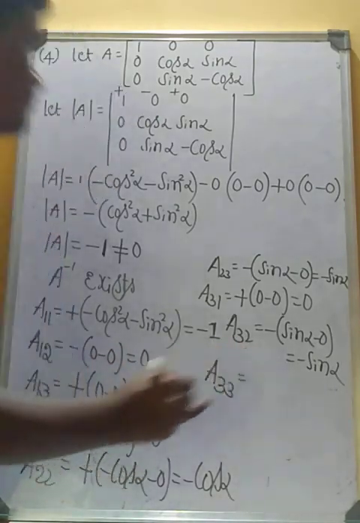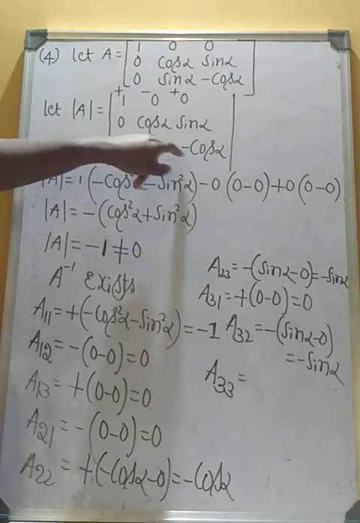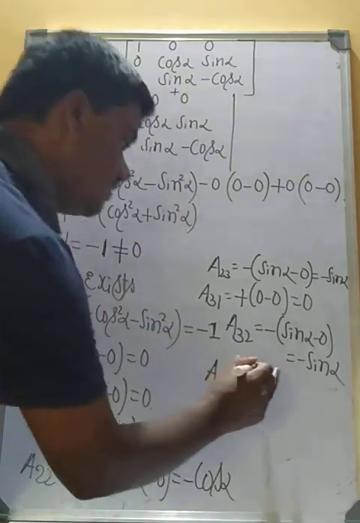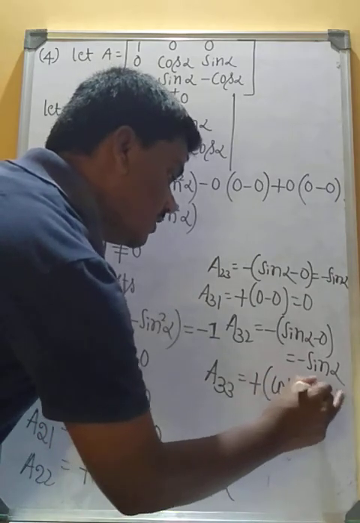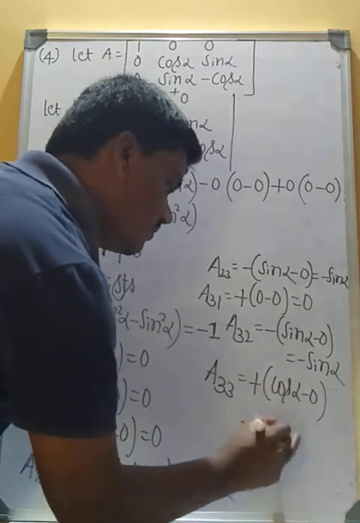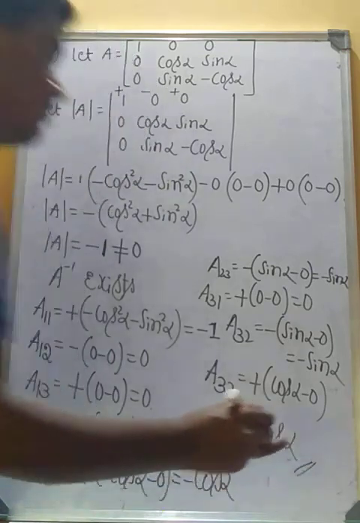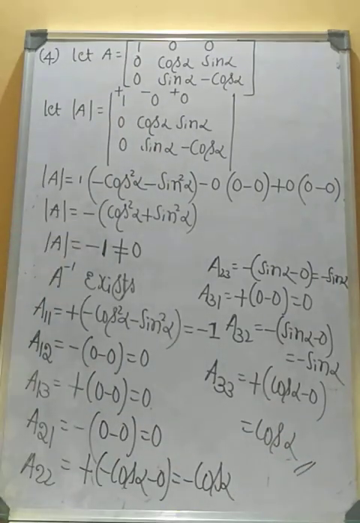A33, last element, third row third column: 1 into cos alpha minus 0 is equal to cos alpha. Now using all these cofactors, right, now adjoint A.